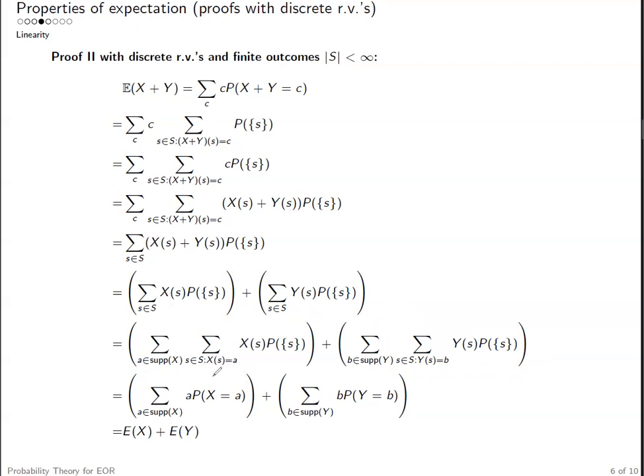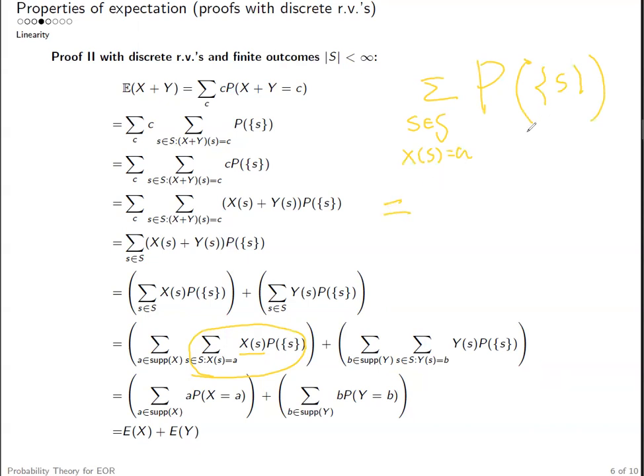Now let's take a look at what happens to this summation. We know those events or those outcomes are mapped by x to exactly the same number, a. So let's just write a here. And what is the summation over s, with x(s) equal to a, of the probability value of this event s?